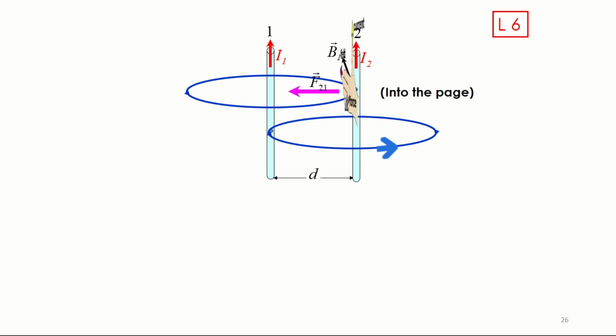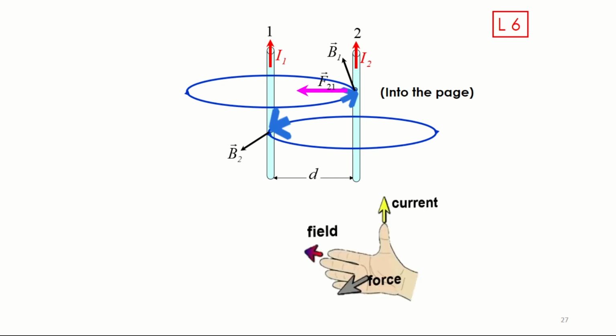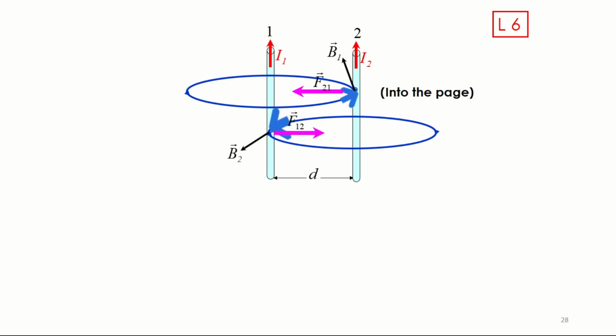For B2, around conductor 2, at the point of conductor 1, the direction of B2 is out of the page. So we label B2 here out of the page. When we apply the right hand palm, with direction of current I1 outward and B2 out of the page, you can determine the direction of force. You get the force towards conductor 2 or to the right.